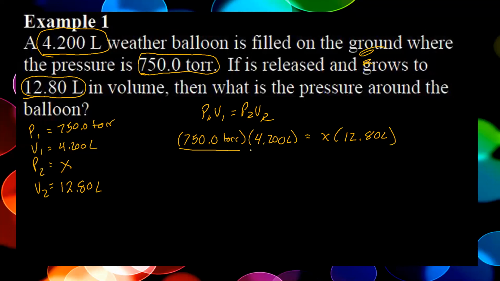That's why. So 12.80 liters cancels out on that side. And also notice this, liters cancels liters. So do me a favor, take 750 times 4.2, divide it by 12.8, and what do we get?